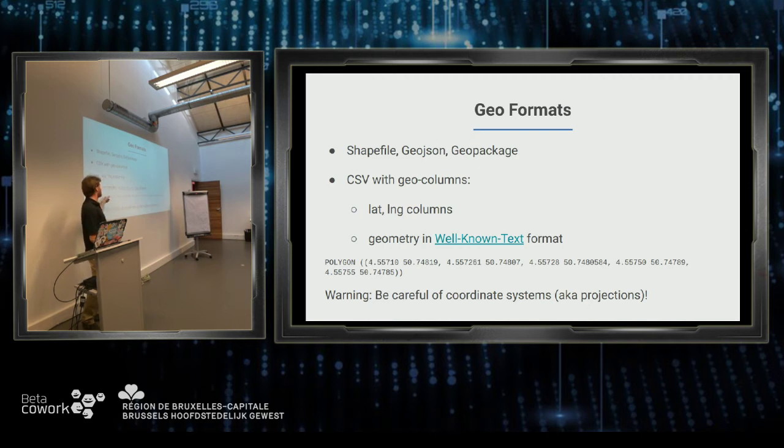So you'll see numbers such as 150,000 for the X component and 210,000 for the Y component. That doesn't make sense for latitude and longitude, which are just angles from minus 180 to 180 degrees, or minus 90 to plus 90. So these are just not the same numbers. You need to translate them with projection libraries.